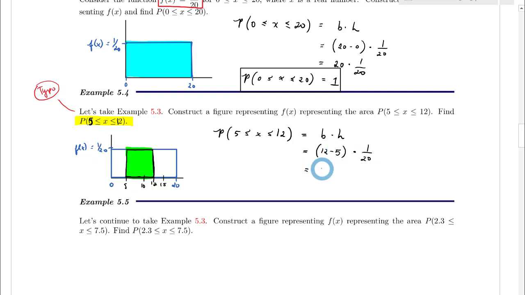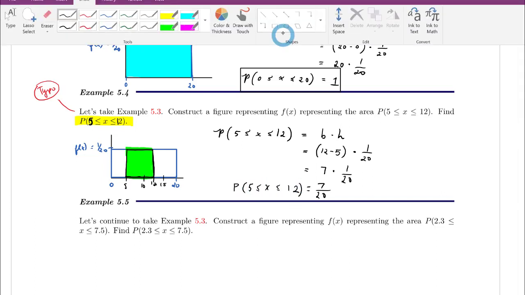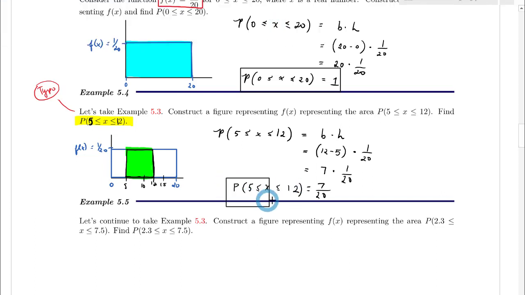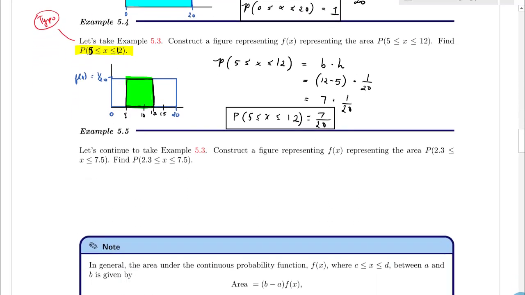So 12 minus 5 is 7 times 1/20th, and that becomes 7/20ths. So the probability that x is between 5 and 12 is 7/20ths. And I know what you're thinking. You're like, this is kind of easy. I know, don't you love continuous distributions, right? It's such a nice shape. You don't really have to think about much.